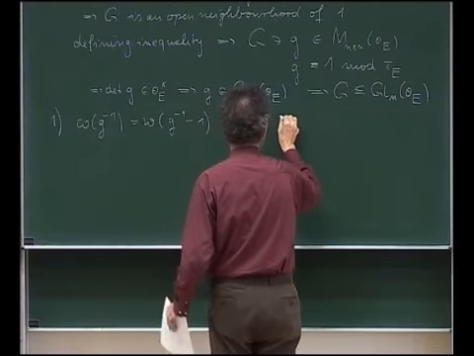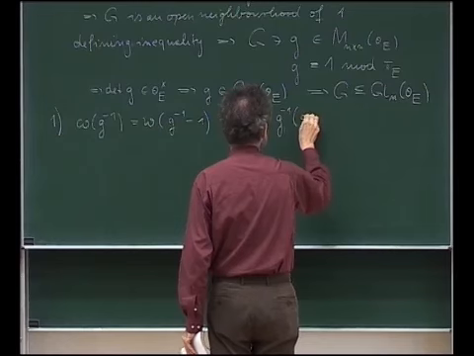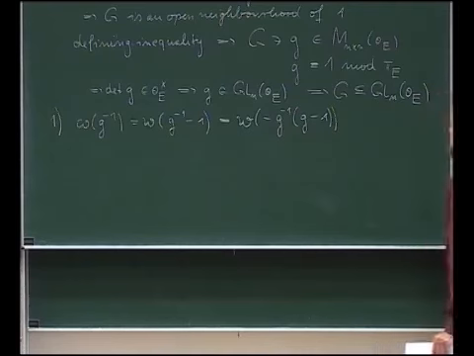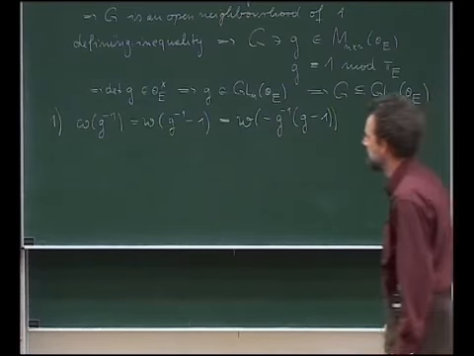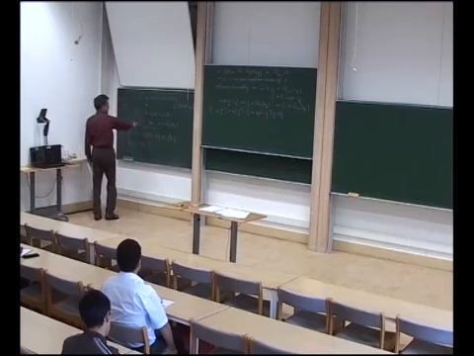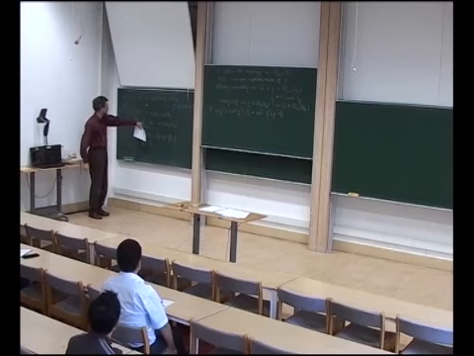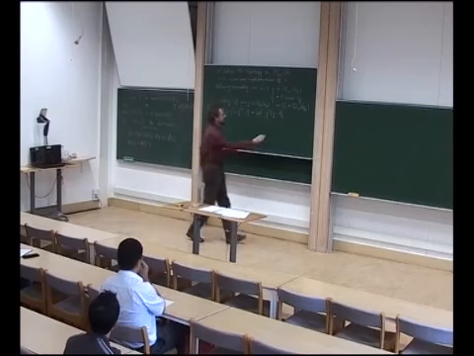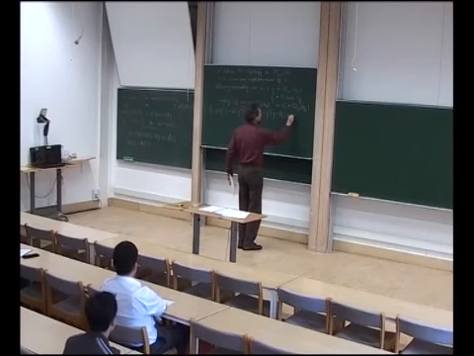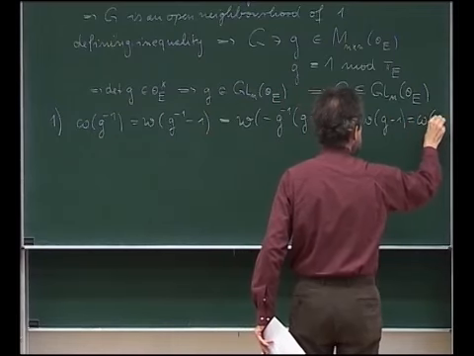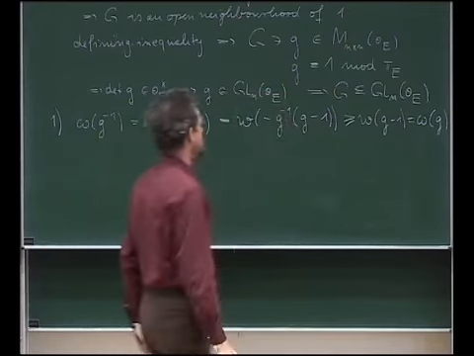So omega of g inverse is W of g inverse minus 1, which is W of minus g inverse times g minus 1. Now we can apply this rule, and on the other hand for minus g inverse we have this here at 0.